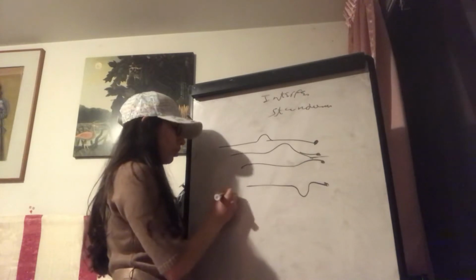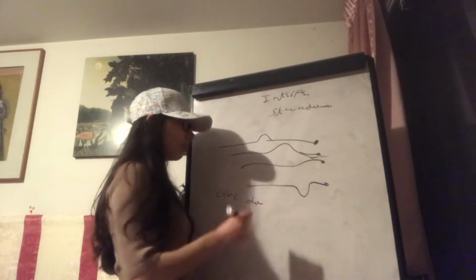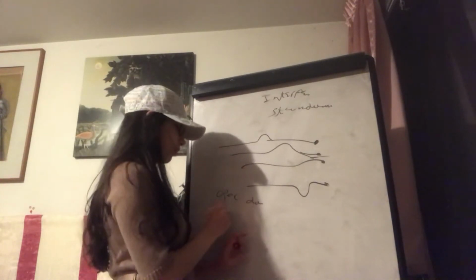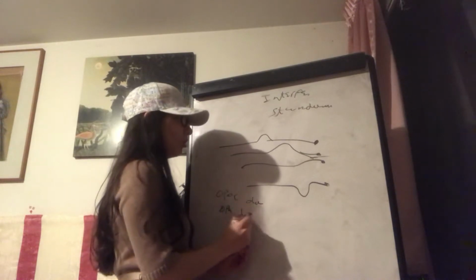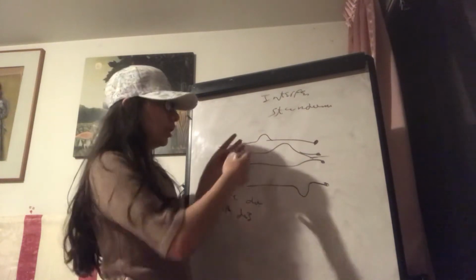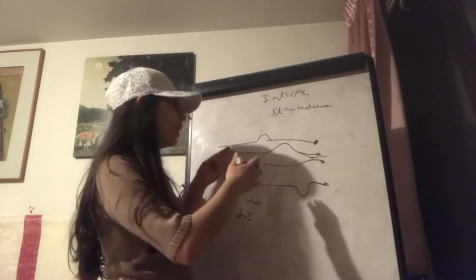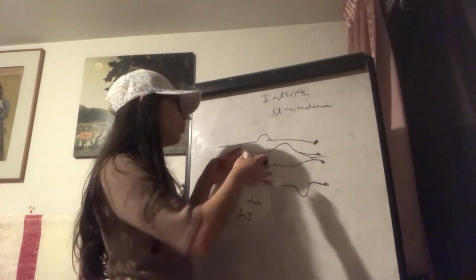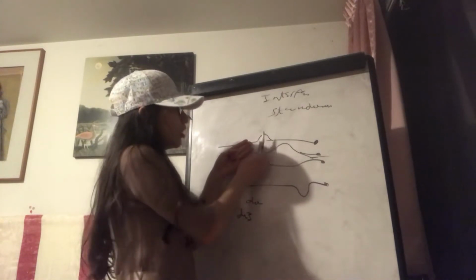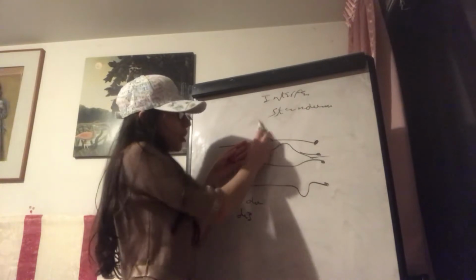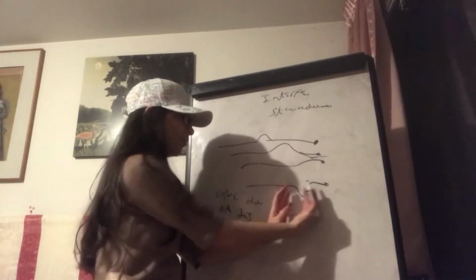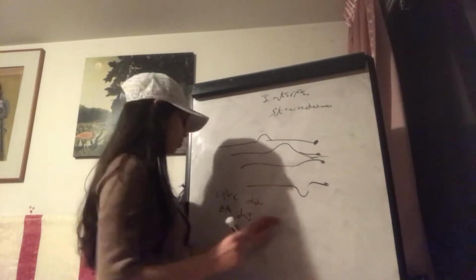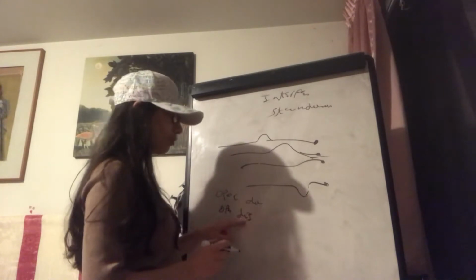So opposite direction and opposite displacement also. Remember that in a wave we are talking about the displacement of the particles of the medium. So the displacement here is on the y direction, here is positive, and when the wave is reflected it's coming on the negative direction. So we have opposite direction and opposite displacement.